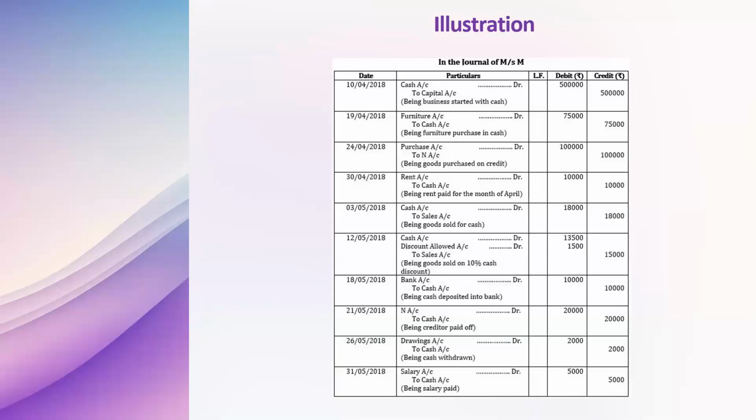Now we have ERP systems, enterprise resource planning, and accounting has become a part of ERP, not the complete ERP. So it contributes only to some portion of ERP.